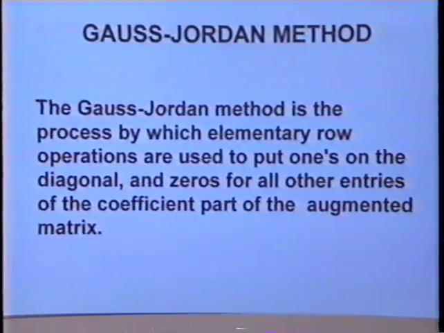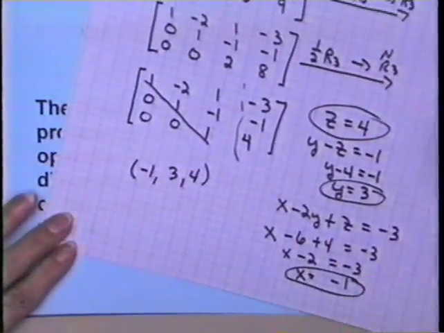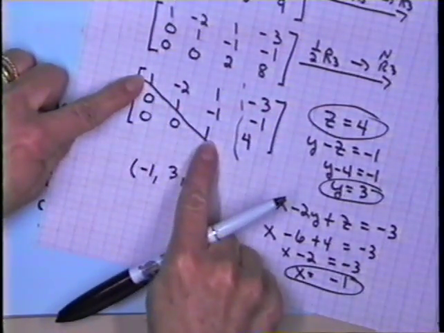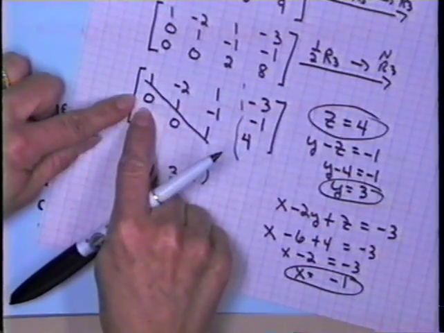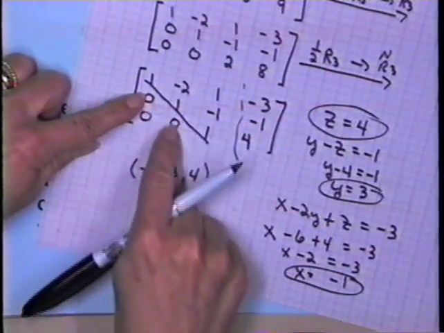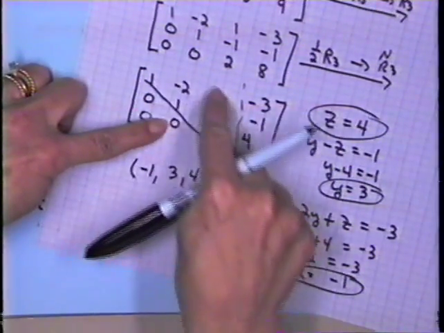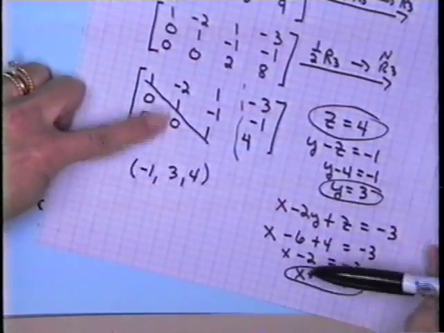So the difference here, notice that when we finished up just a moment ago in this Gaussian elimination, we had ones on the diagonal and zeros underneath it. But Gauss-Jordan says not only do you want zeros here, but you want zeros here.